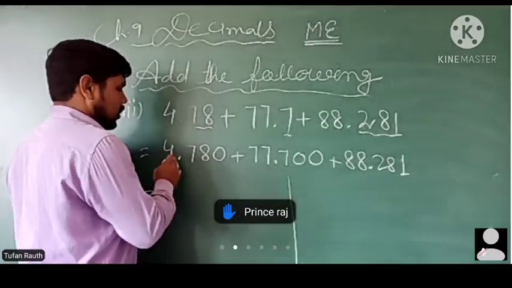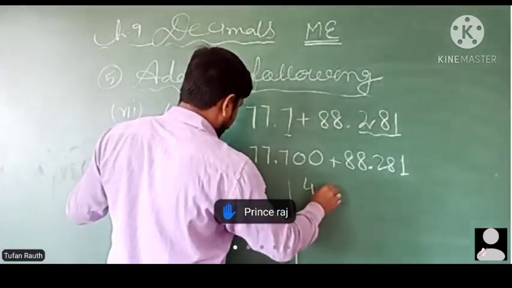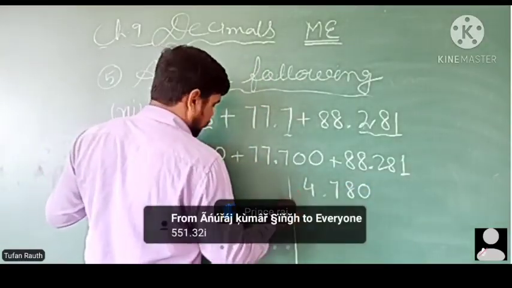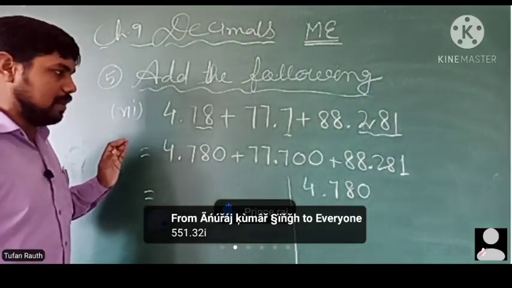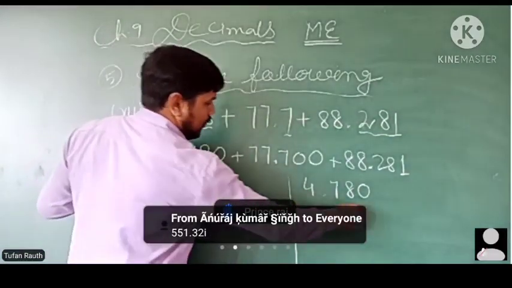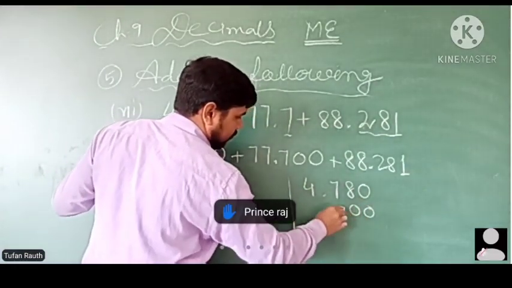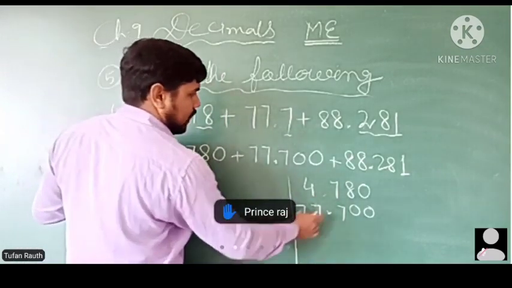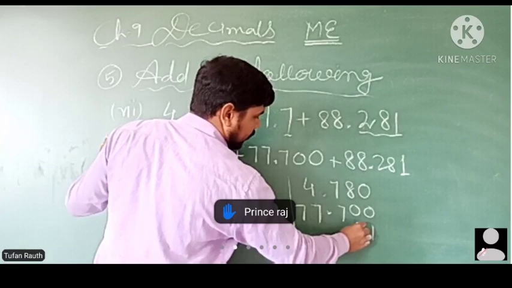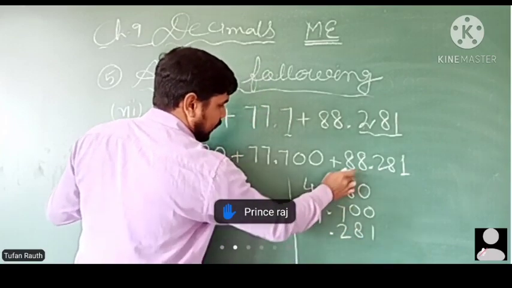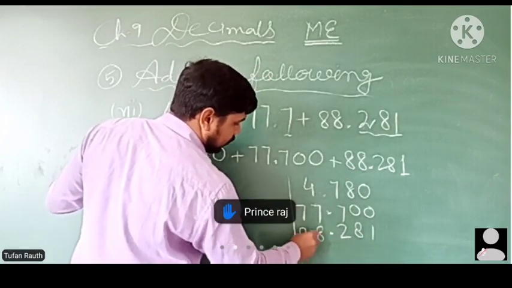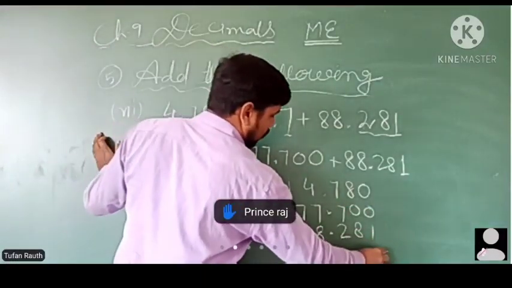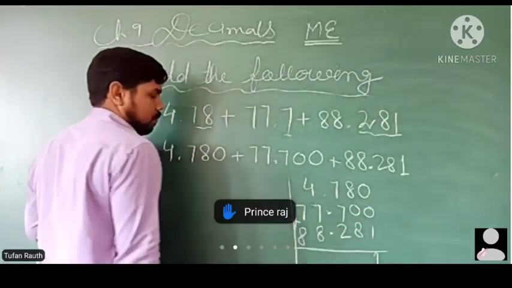Whatever the sum will be, we will write it here. So 4.780, then 77.700. Here you also need to keep in mind that for 77, you write it as 077.700. After that, here we have 88.281. Now let's add these. 0 plus 0 is 0, plus 1 is 1.